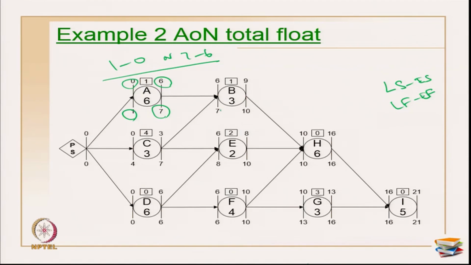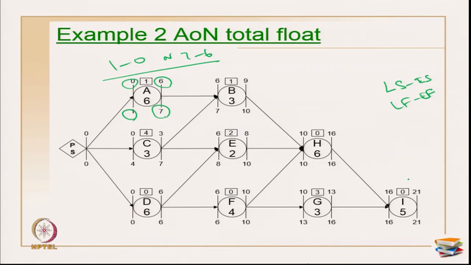For activity B, it is either 7 minus 6 or 10 minus 9, you can use any one of them. So, it is 1. Here 4 minus 0 is 4, 0 minus 0 is 0, 8 minus 6 is 2, 6 minus 6 is 0, 10 minus 10 is 0, 13 minus 10 is 3, 16 minus 16 is 0. So, I have finished my total float calculations completely.